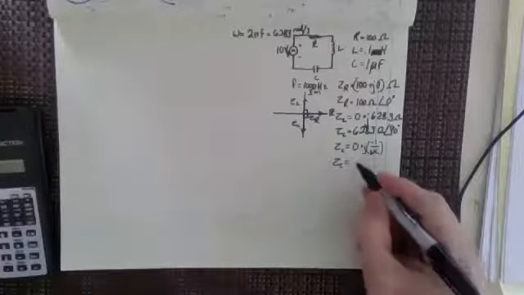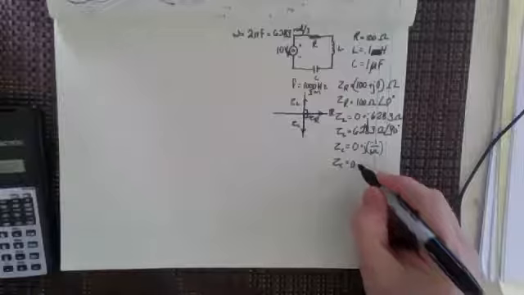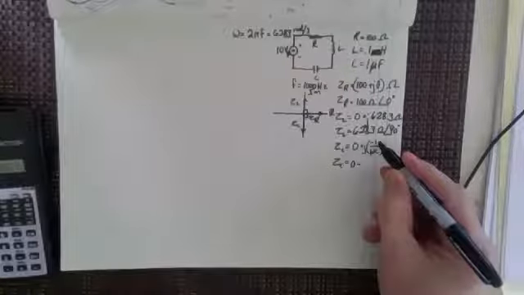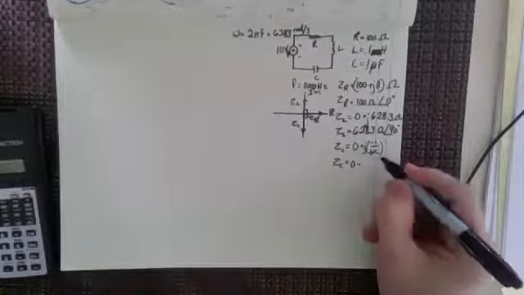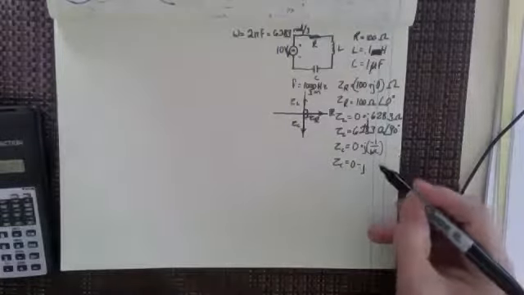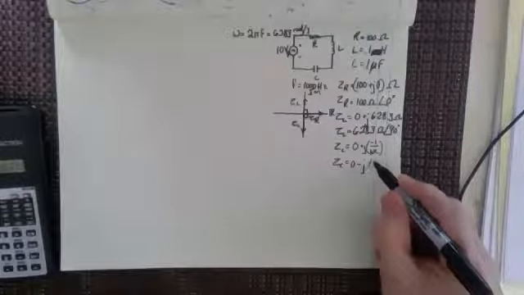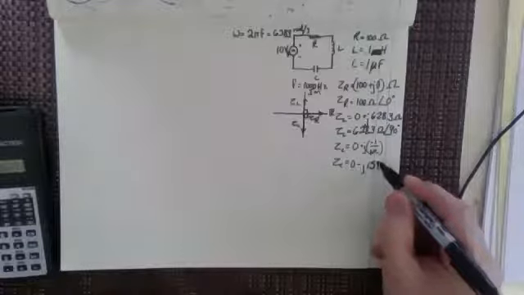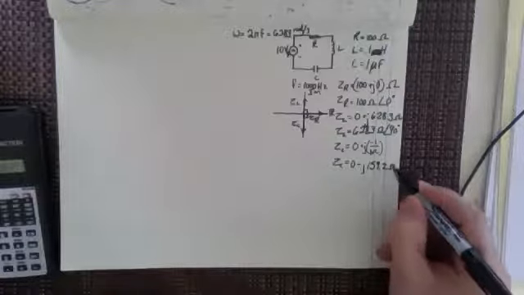159.16. Now, 159.16, we could really call that 159.2, right? So let's say that it's 0 minus, now I'm taking that minus that's on top of the minus 1 over omega C and putting it out in front, 0 minus J159.2 ohms, right?